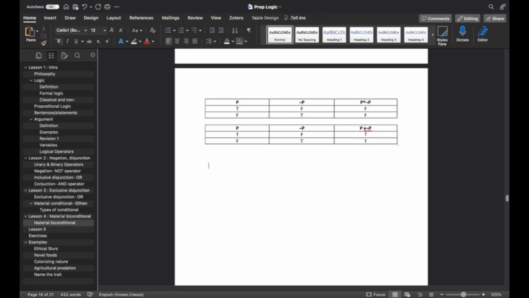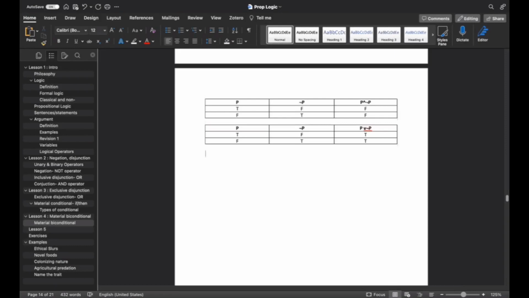What's that? We just have a different operator here. But with respect to the truth values? In the first table they're both false. In the second table, they're both true.